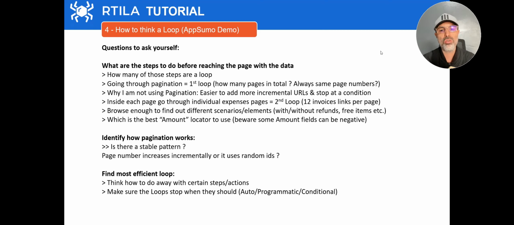And finally, once you have a first level of loops and loops within the loops that you can control, then before even launching the automation, especially if it's an automation that you want to launch every week or every month, it's worth optimizing it. So it's worth a little bit more thought: can I remove one step? Is there a shortcut I can do without losing data? And also make sure that the loop really stops when you want it to stop.